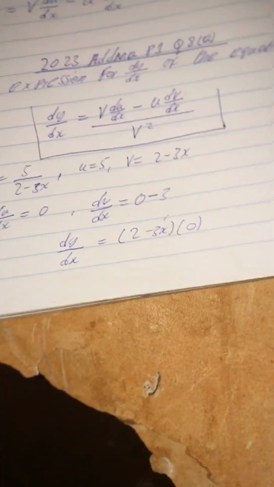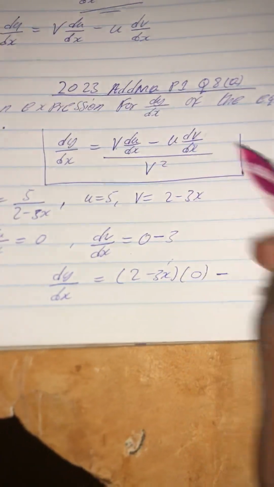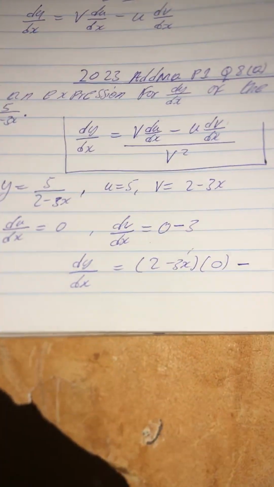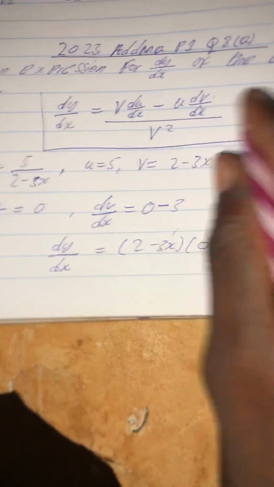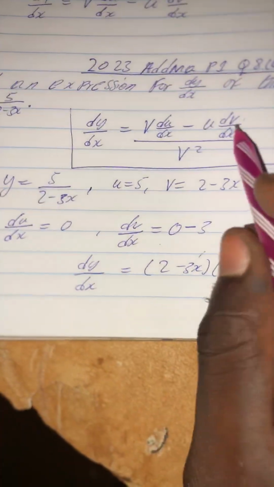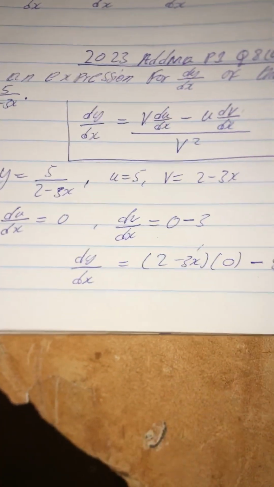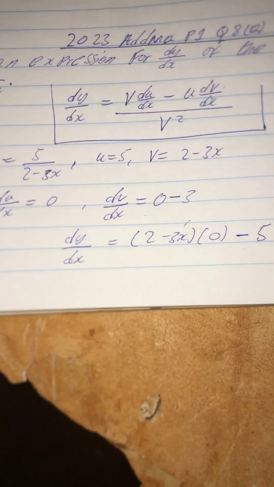You put 0 right there. Then, subtracting according to the formula, the value of u we found is 5, so put 5 here and open a bracket. Since we are multiplying, if you don't see any mathematical operation between numbers or letters, it means they are multiplying.